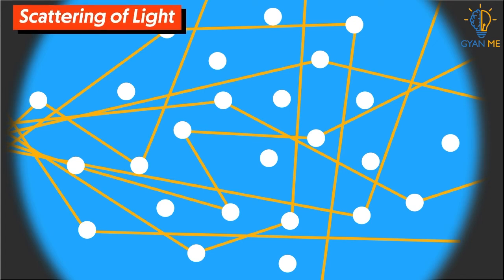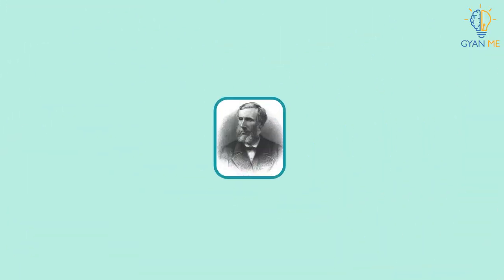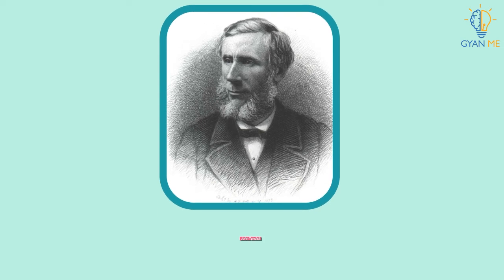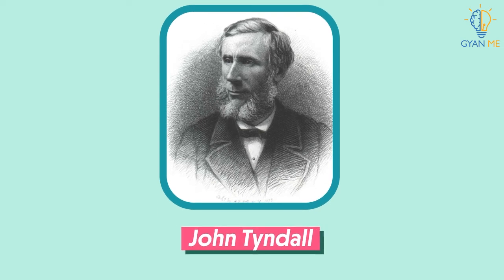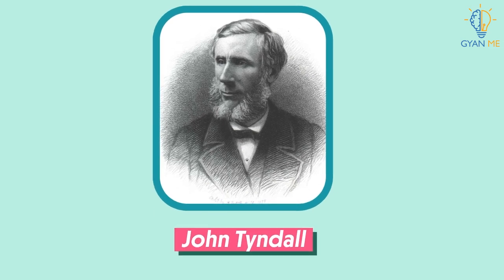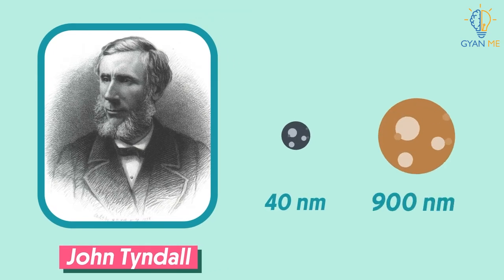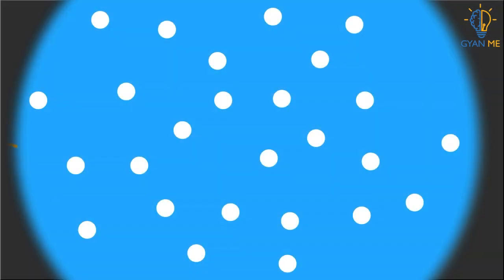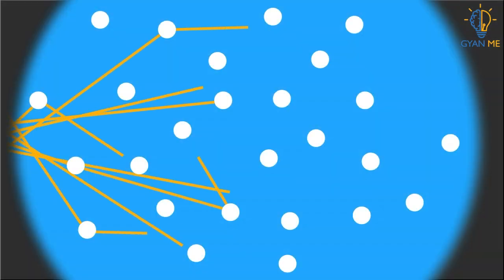This scattering makes the path of light visible. The Tyndall effect was first discovered by, and is obviously named after, the Irish physicist John Tyndall. The diameters of the particles that cause the Tyndall effect can range from 40 to 900 nanometers. So we can say that the Tyndall effect is nothing but a phenomenon of scattering of light.